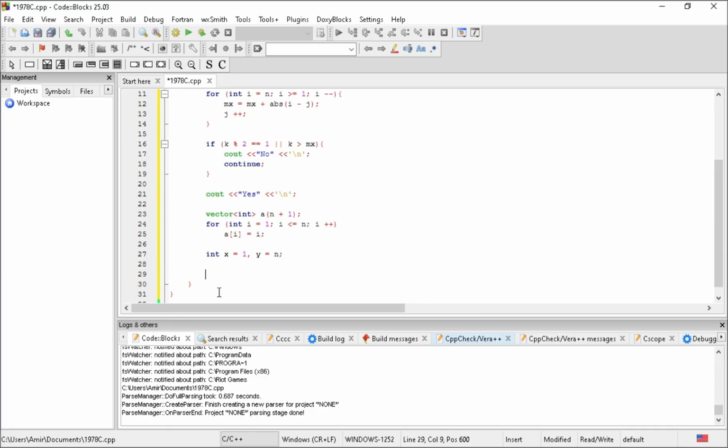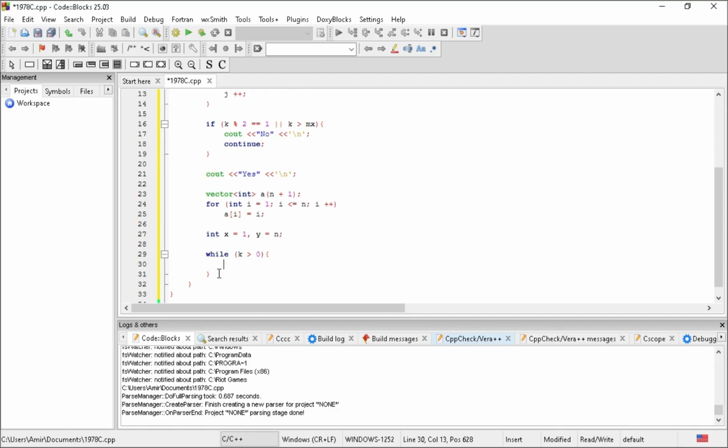Right. So now while k is greater than 0, I'm writing k greater than 0 because instead of just calculating the Manhattan value, I will just subtract our current value, and once k is 0, we just know that we have achieved our goal.